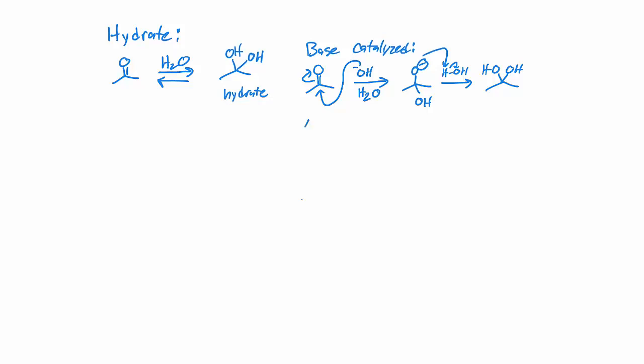We can also do acid catalyzed. Same ketone, water, H3O plus. Oftentimes we will protonate the ketone or aldehyde, which gives us a full positive charge on the O. That's a much better electrophile.